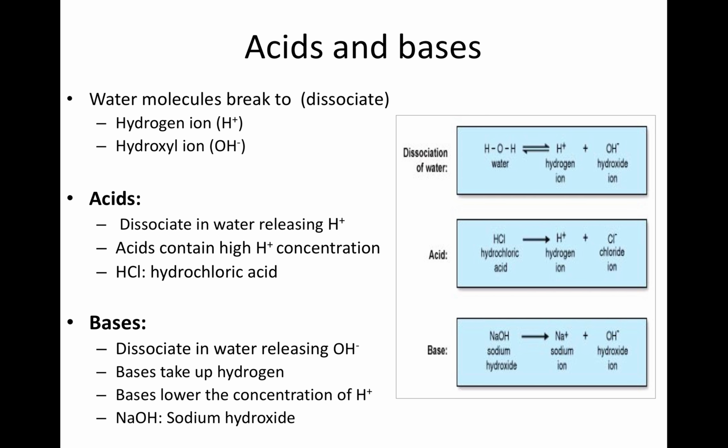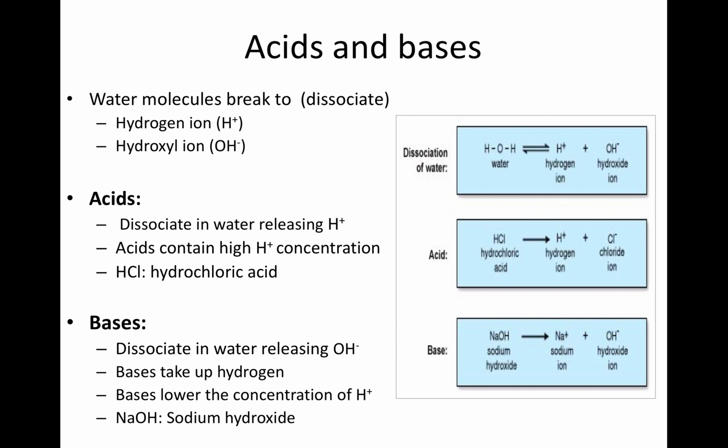Now, working on the same scenario, we're going to discuss the next component, which are acids and bases. You probably have heard of this. So in chemistry, you do talk about acid and base. Now, the simplified version of describing acid and bases is to start discussing water.